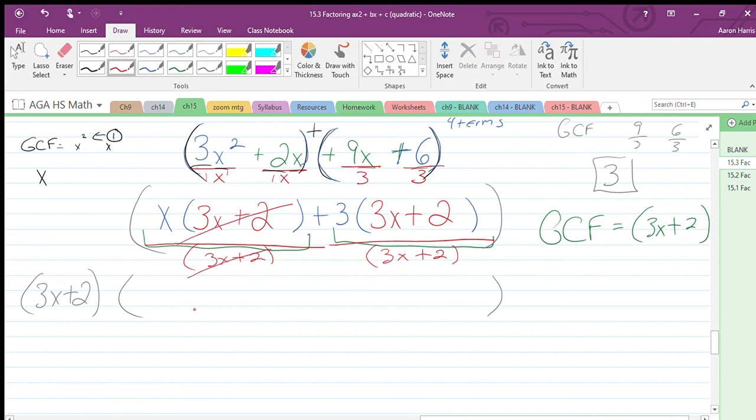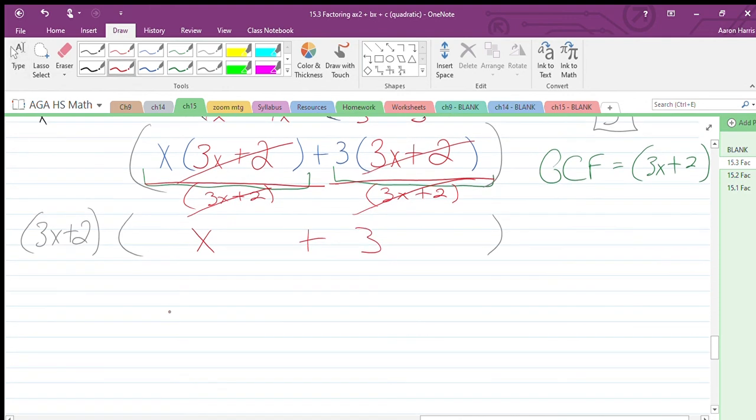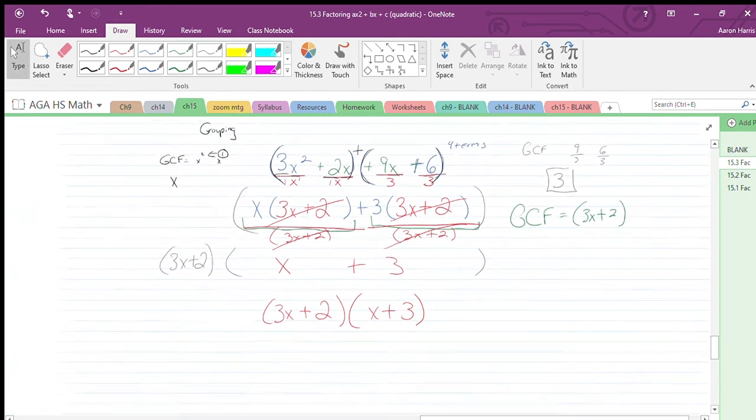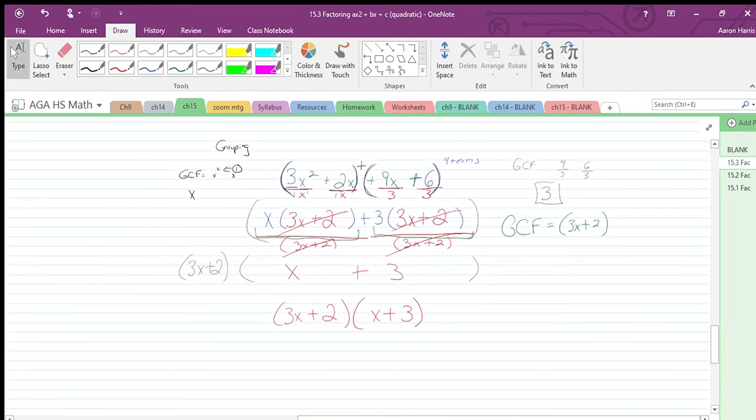So 3x divided by 3x, just 1. So what am I left with? X. 3x divided by 3x, 1. What's left? Plus 3. So I can rewrite this: 3x plus 2 times what? X plus 3. And do I have any numbers that I have left out? No. So my final answer is that.